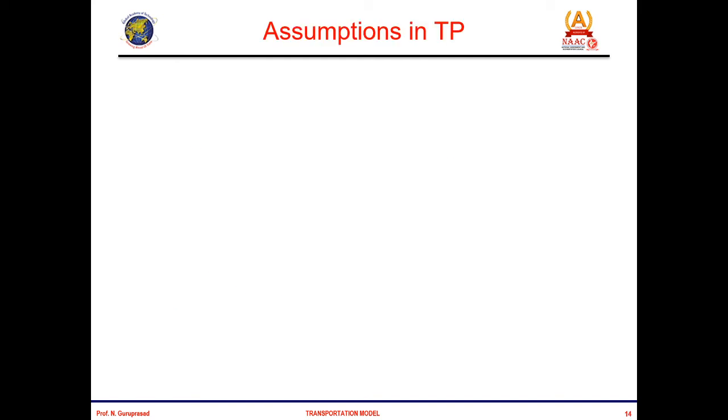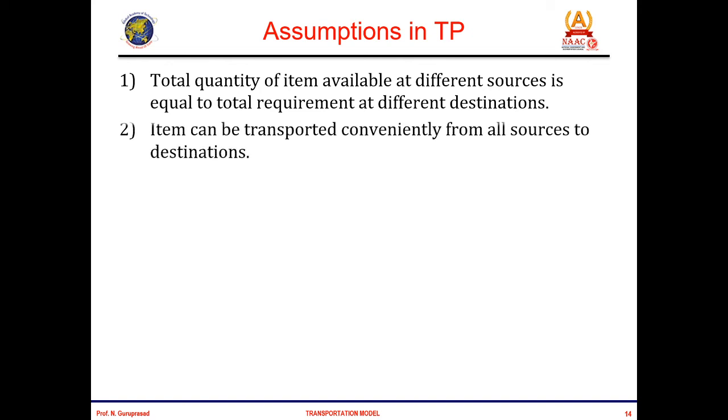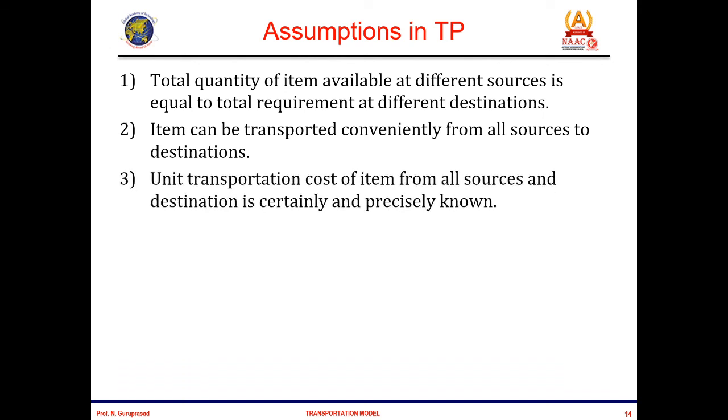Now, having this, let us proceed with the assumptions in transportation problems. There are a couple of assumptions in transportation problems. The first one is the total quantity of item available at different sources is equal to total requirement at different destinations. Item can be transported conveniently from all sources to destinations.